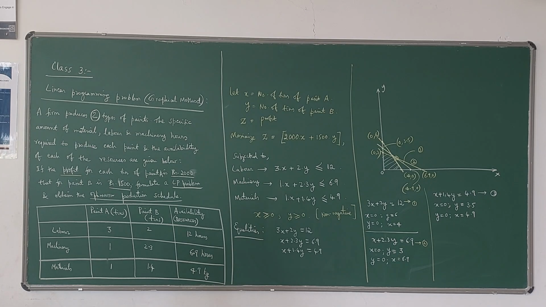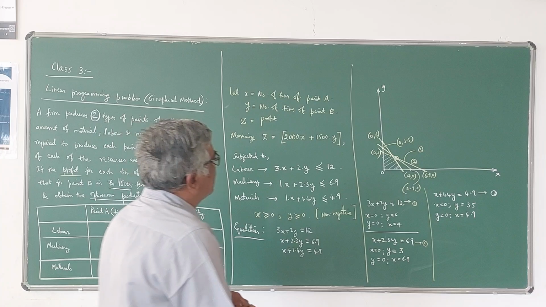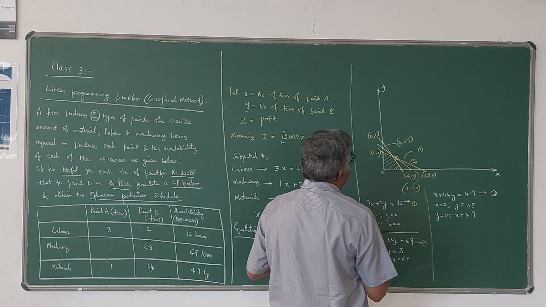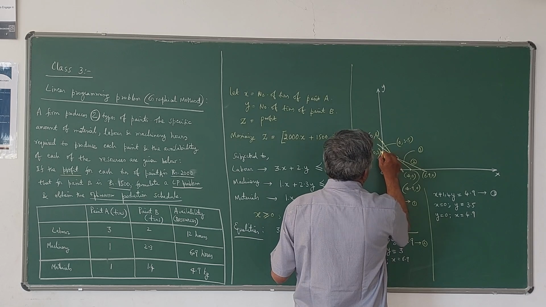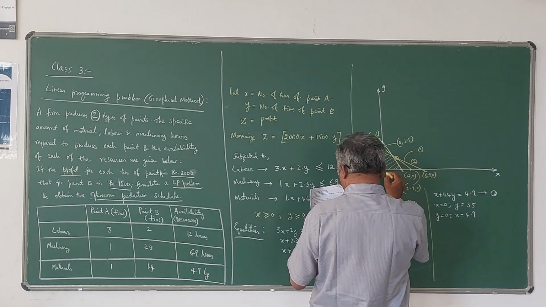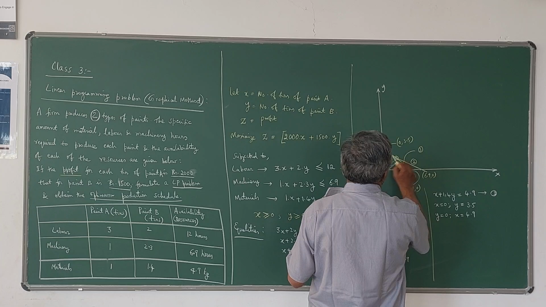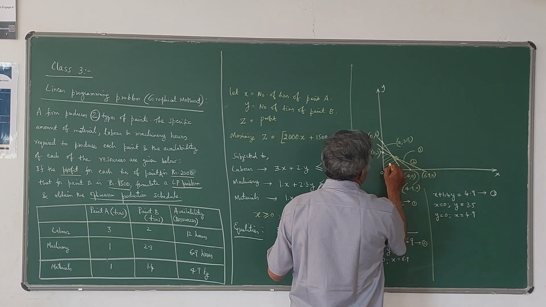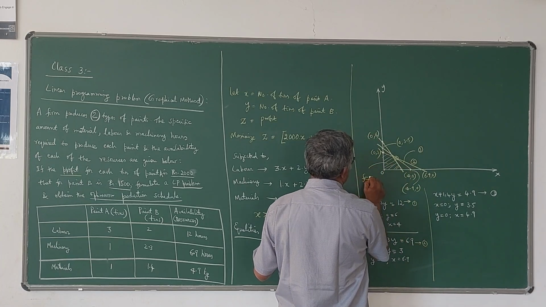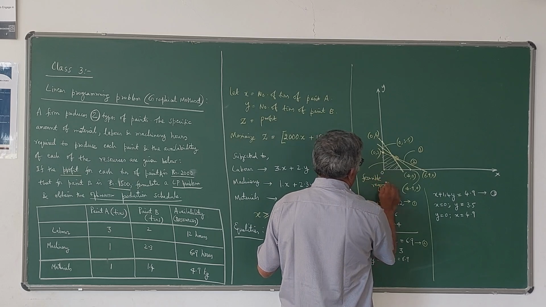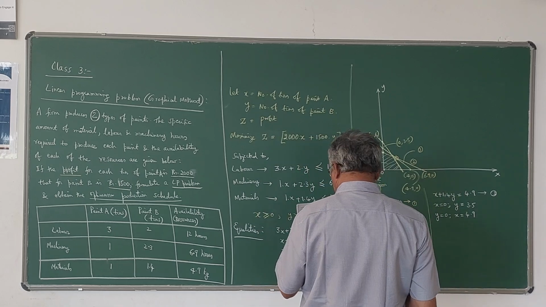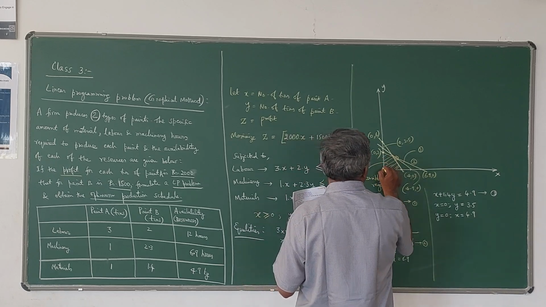Now we have to find the values of x and y at the boundaries of this feasible region. So if you see here, this is the feasible region. The boundaries I will take, of course, origin is one boundary point.